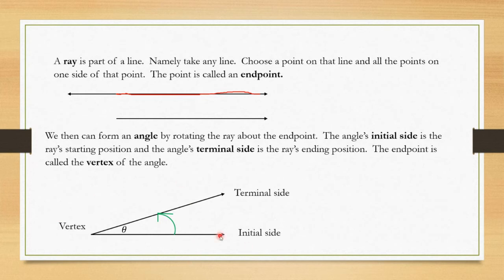Or you can think of it this way: you have this same ray up here, and you imagine rotating it about this end point until you end up over here. Doing so, you're forming this angle, which I'm calling theta. This is a Greek letter, theta. People usually use Greek letters for angles. I think it's just a convention. The arrow, again, we're following that arrow.